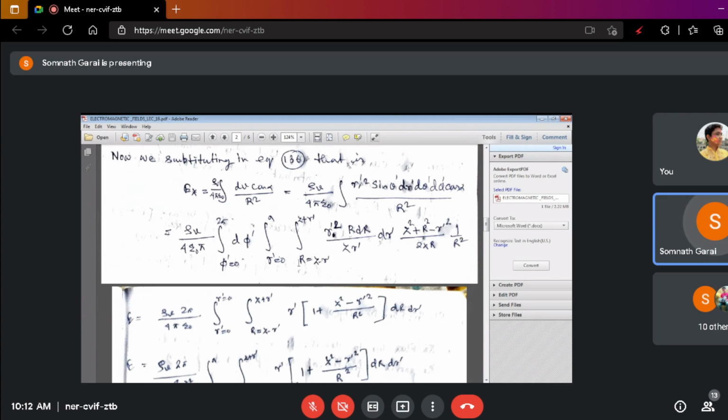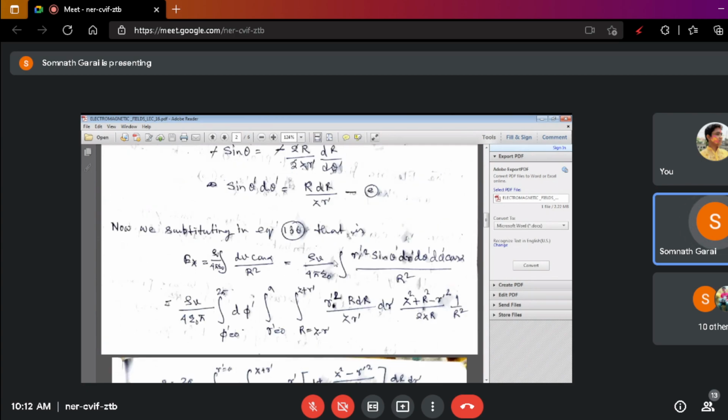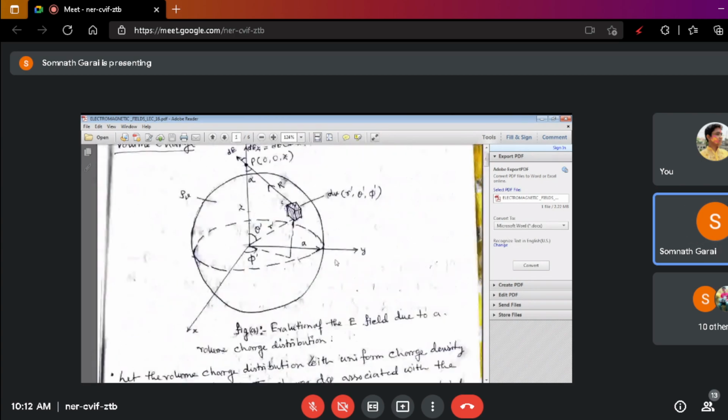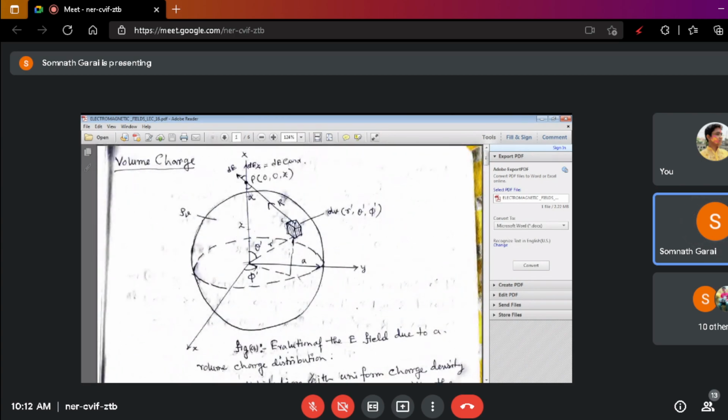Now capital R, what is the upper limit and lower limit of capital R? Capital R upper limit is z plus r dot and lower limit is z minus r dot. How? If we take this one, that is equal to z. If this point to this point is equal to z.